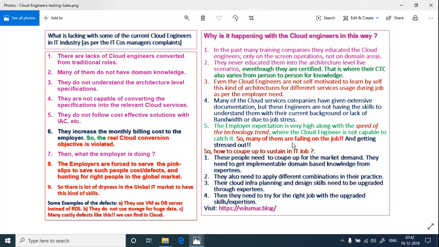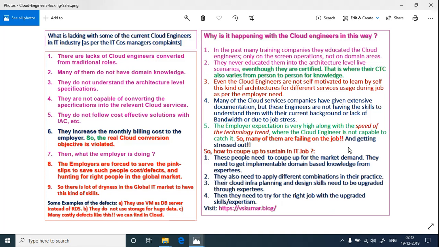Backouts are happening and again they are retrying, all without having these kinds of plans or this kind of knowledge with the resources. Whether the cloud engineer is not capable of catching it or not, so many of them are failing on the job. Obviously, when they are evaluated, yes, they are failing, because there is an organizational problem also, not only a cloud engineer issue.